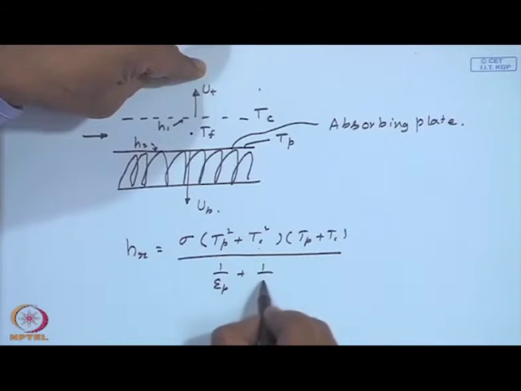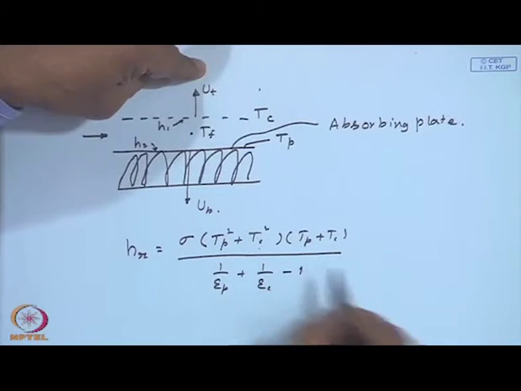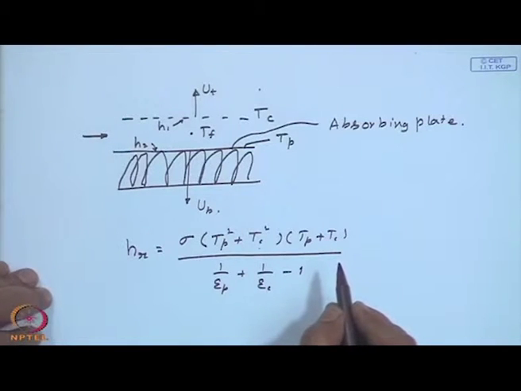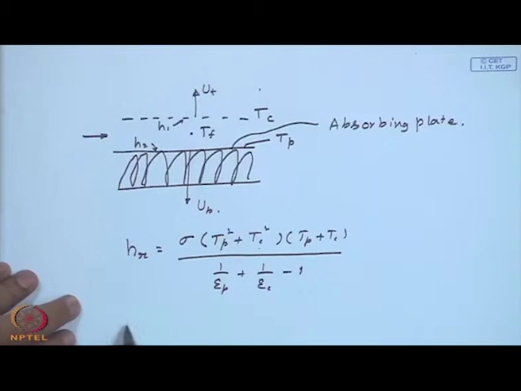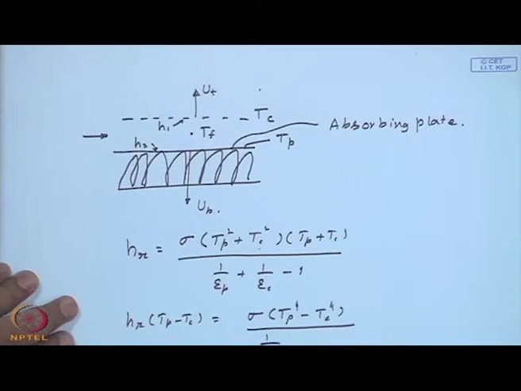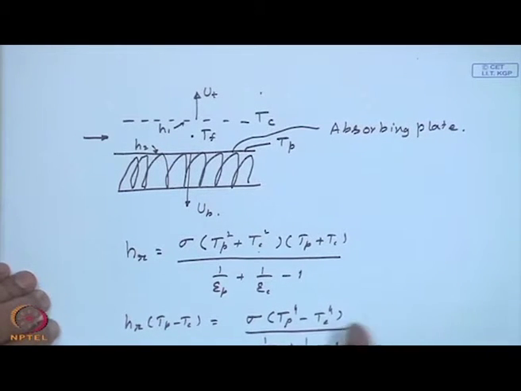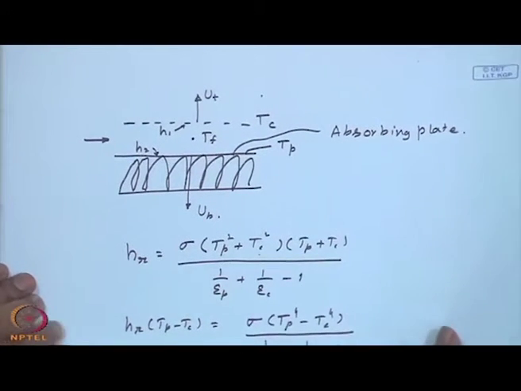This is nothing but Hr into Tp minus Tc equal to sigma into Tp to the power 4 minus Tc to the power 4, divided by 1 upon epsilon p plus 1 upon epsilon c minus 1. If you take Tp minus Tc onto the other side, you will get Hr as whatever we have written here.